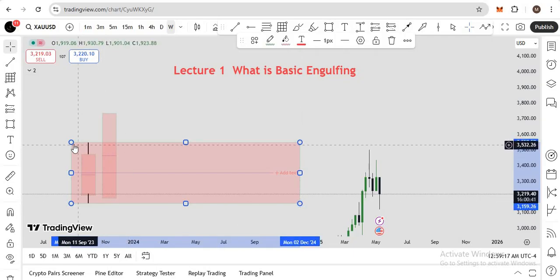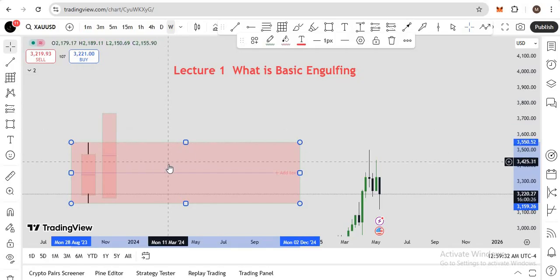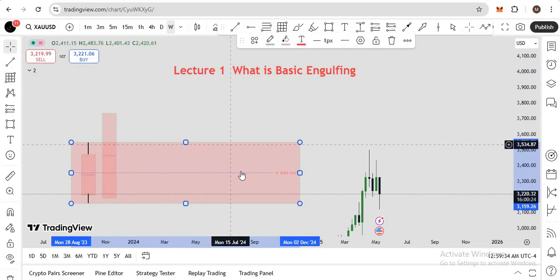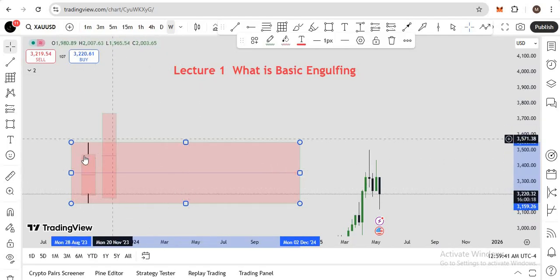For example, we have this order block, and in this order block we found this engulfing on the weekly or monthly time frame. Then we downgrade to the daily, and in the same area we find the daily engulfing. Then we downgrade to 4 hour, and we find one in the same daily area like this.